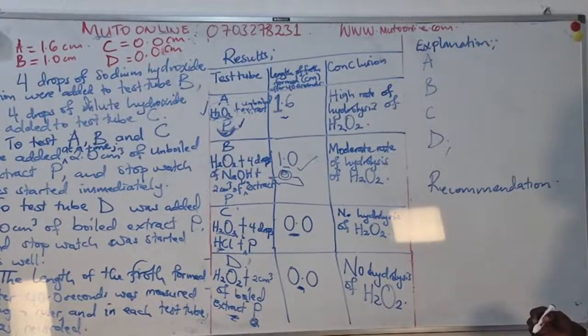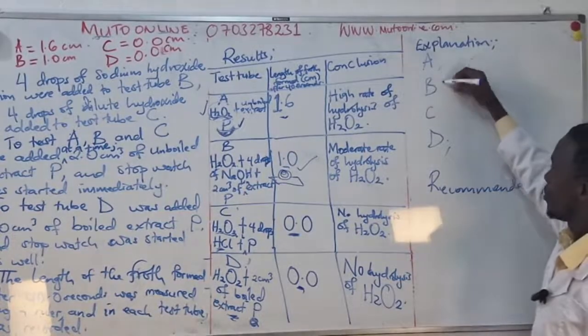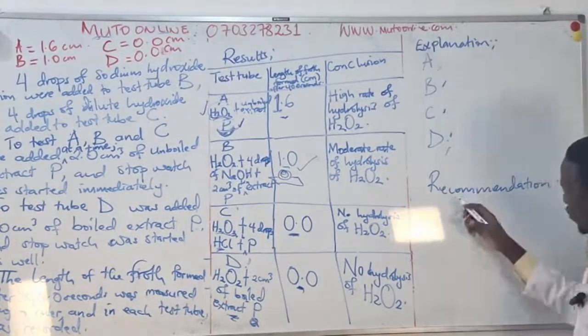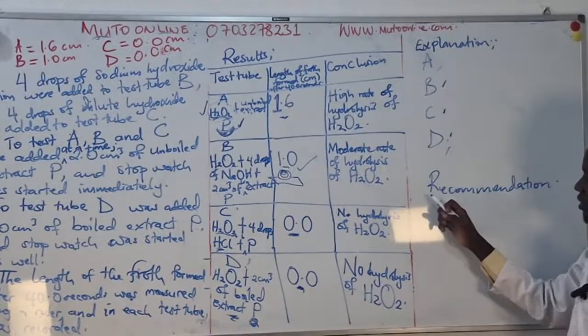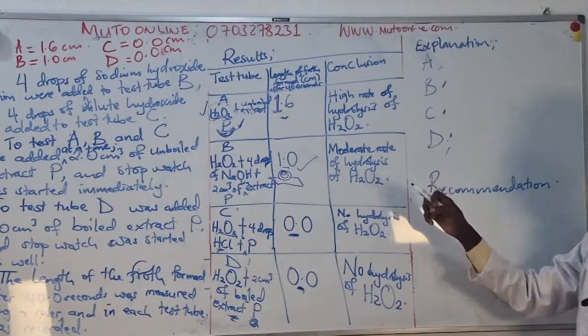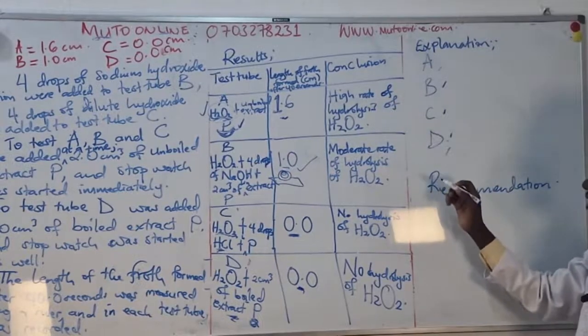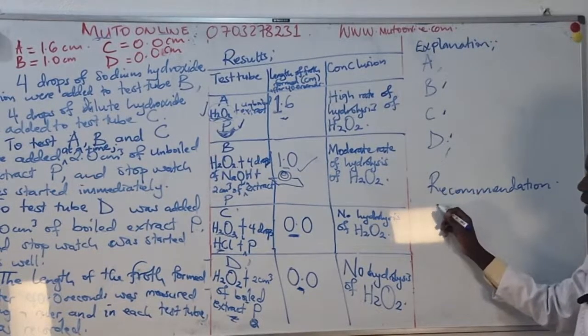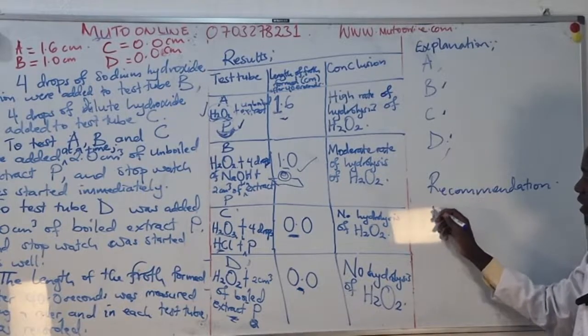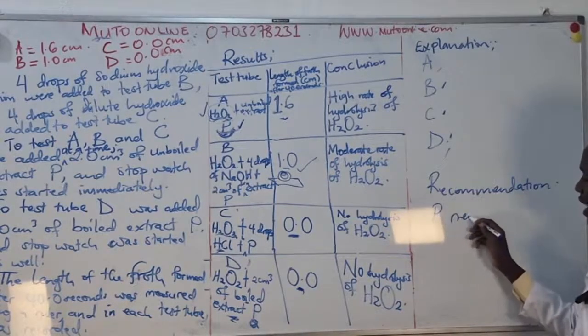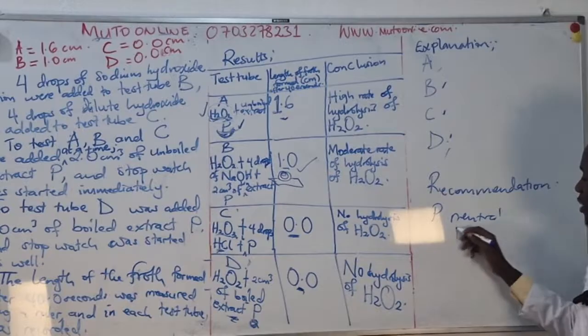Put the explanations in your comments. Connect well your recommendation to the results obtained and to the scenario. Why do you recommend the company to use extract P in neutral pH and room temperature?